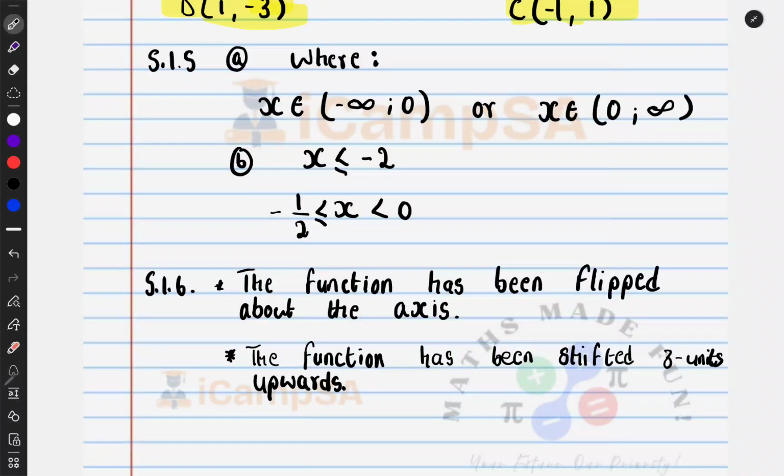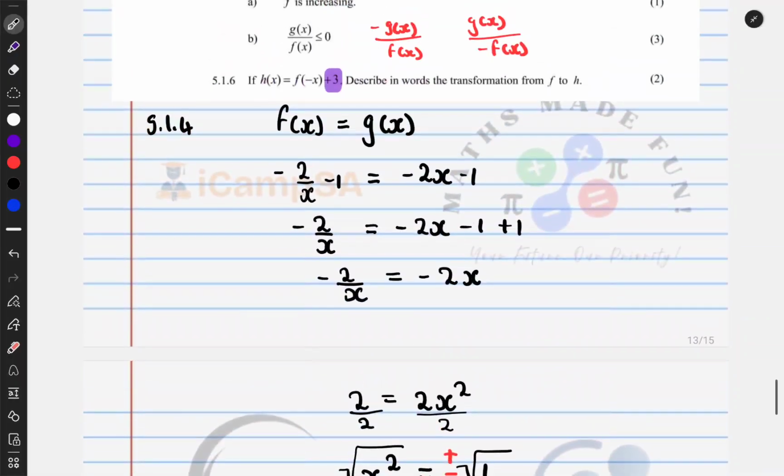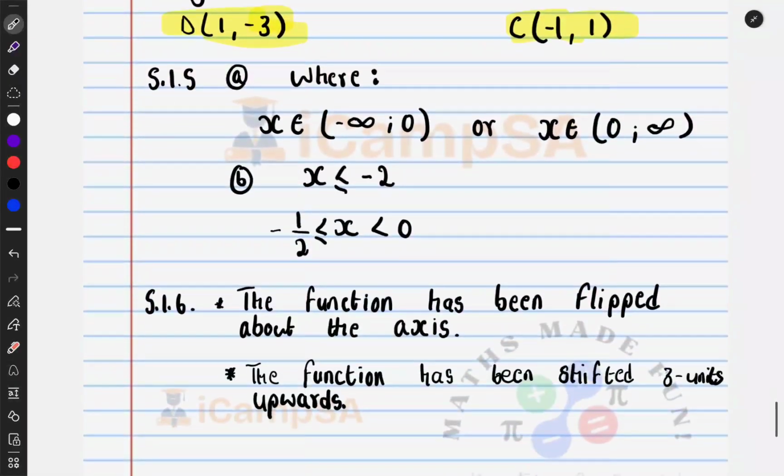So those are the 2 transformations that have been done on the function of f in order to produce the function of h. So this marks the end of our session.